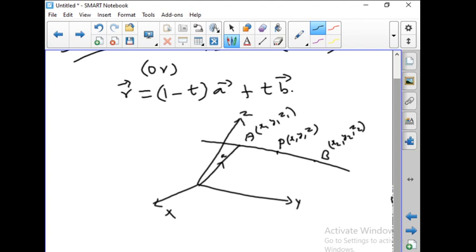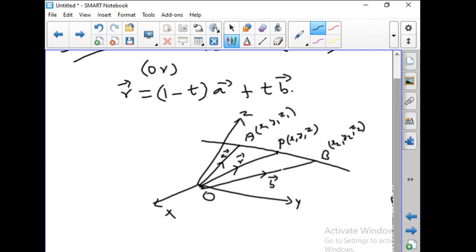OA is a vector, OP is r vector and OB is b vector. So these are the position vectors, and O is the origin of vectors.